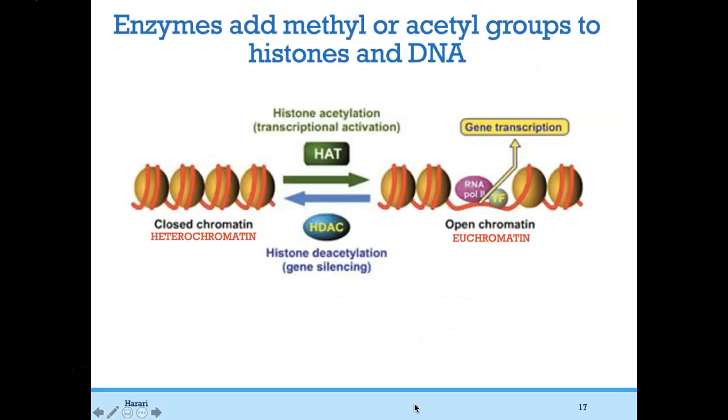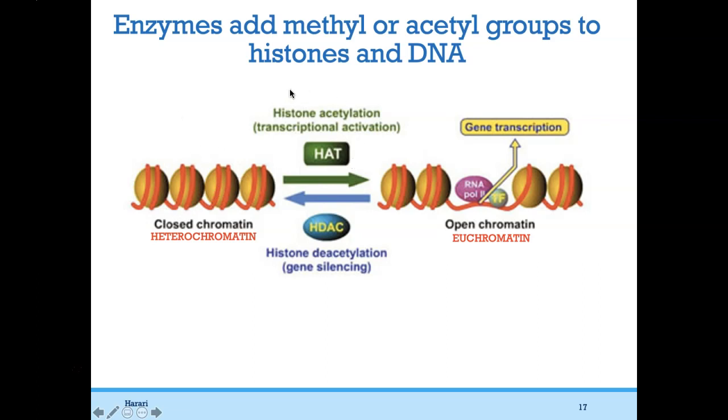What does the chemical modifications are enzymes. Specifically, there's an enzyme called a HAT, histone acetyl transferase. Its job is just to add acetyl groups to the chromatin to loosen it up.